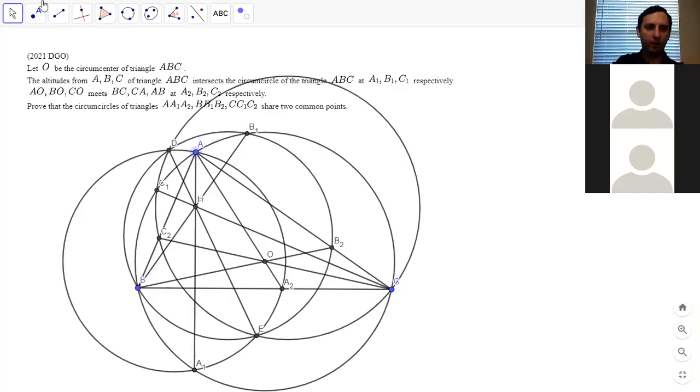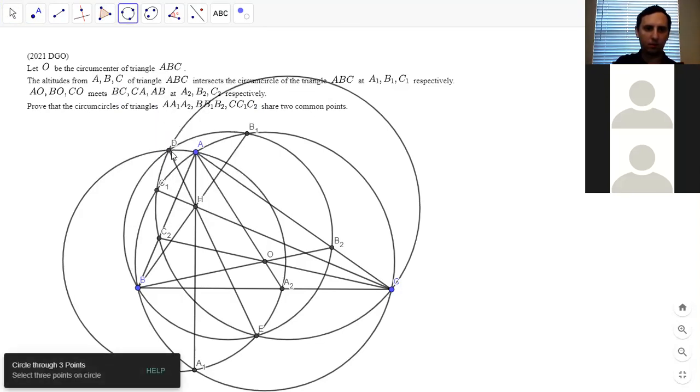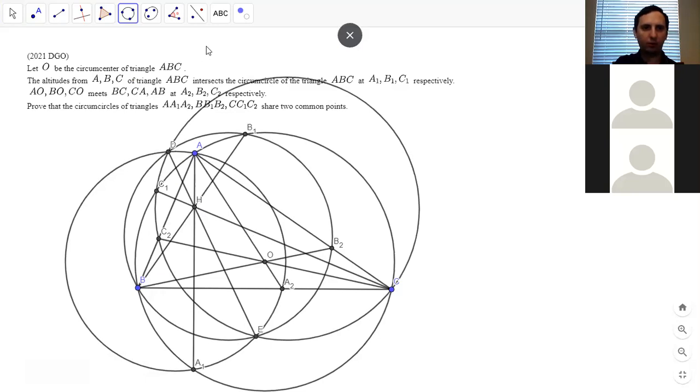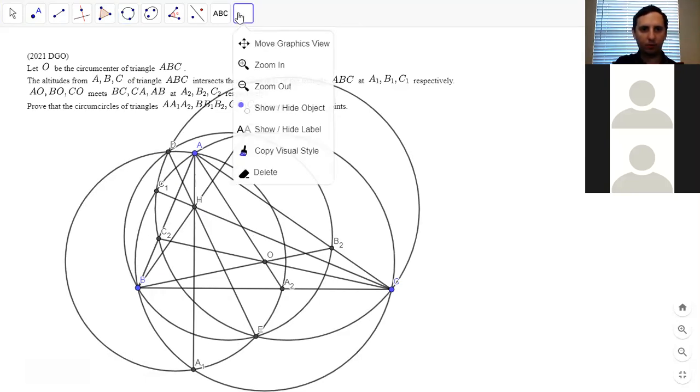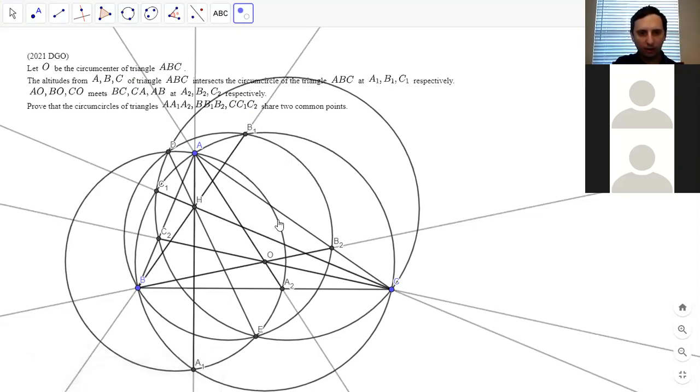I wonder. Maybe we should just draw two of the three circles. Like I could hide A1, A2 for now.